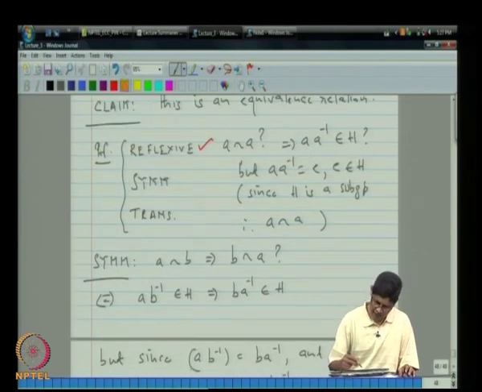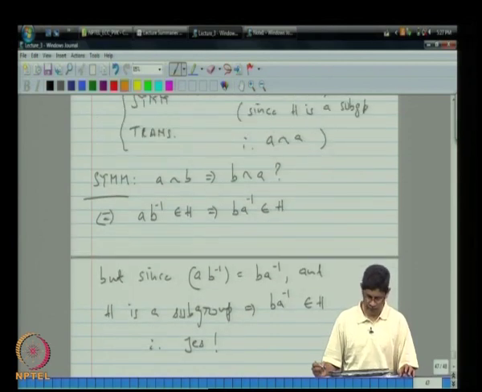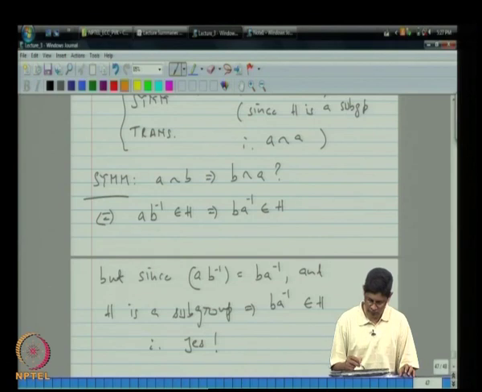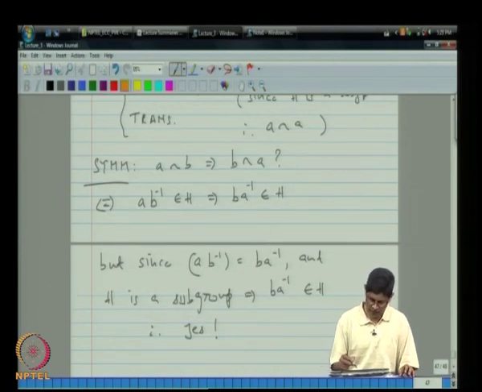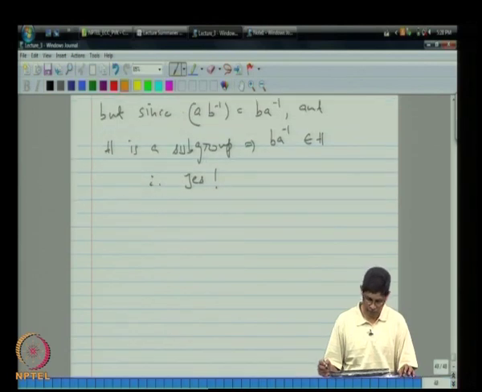Again, to establish symmetry we have to show A B inverse in H implies that B A inverse in H, but since this is just the inverse of this, if this belongs then the inverse also belongs. Okay, so, there is no problem there.